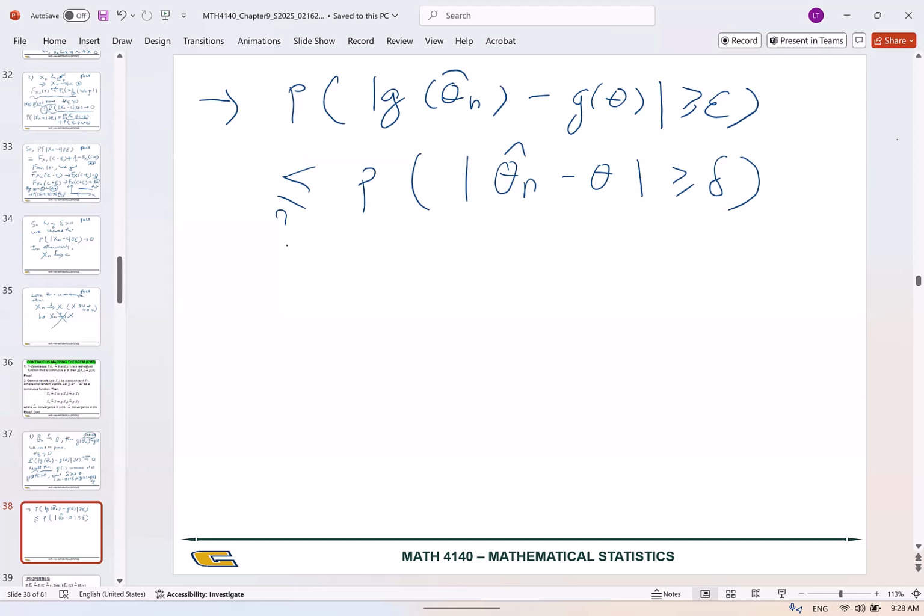And because of this, note that this quantity converges to 0, because theta n hat converges to theta in probability.